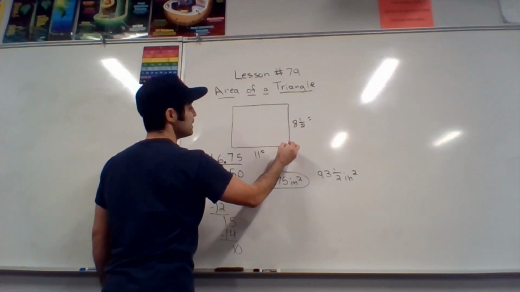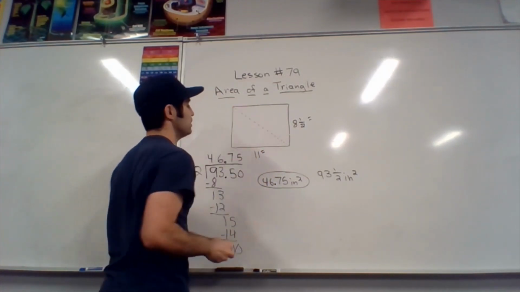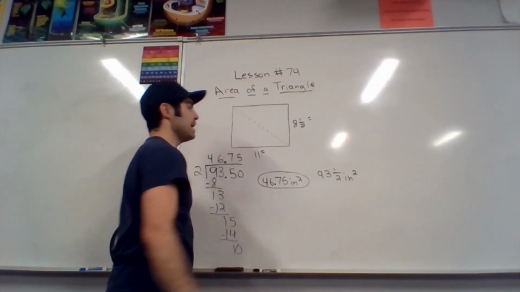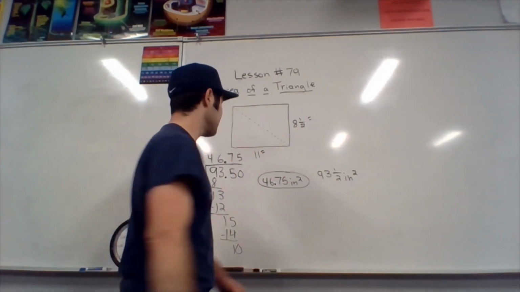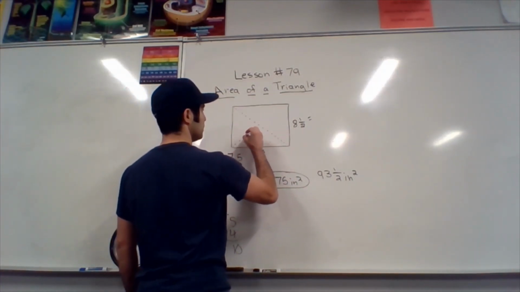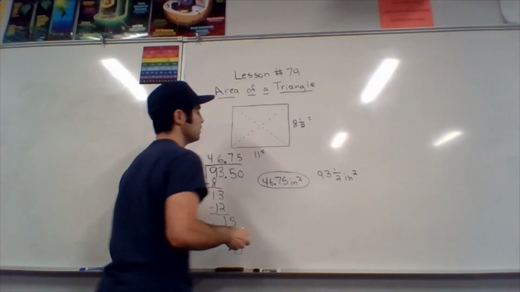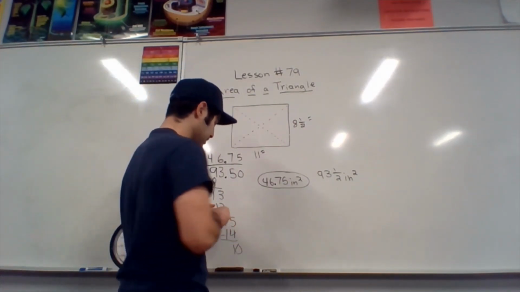Let's go from this angle right here up here. So now you cut it in half that way. Now you would only have 46.75 inches squared. Or you could go this way. Okay? So there are 4 different ways to cut this in half.